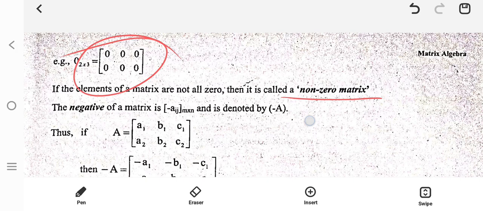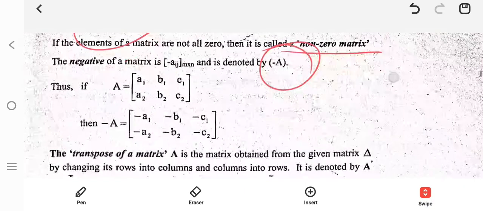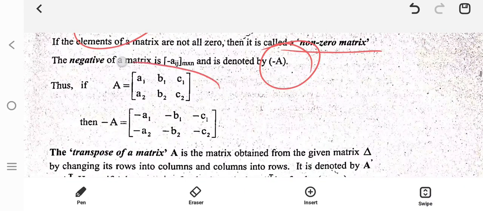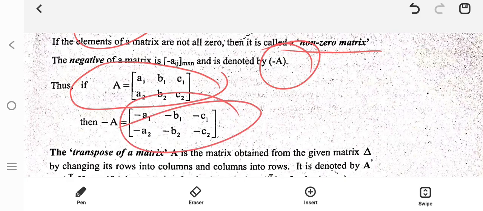The negative of a matrix A, which is a_ij of order m by n, is denoted by minus A. If we have A equal to this, we can write minus A by taking the minus sign of all the elements of the original matrix, right? So this is the negative of a matrix.